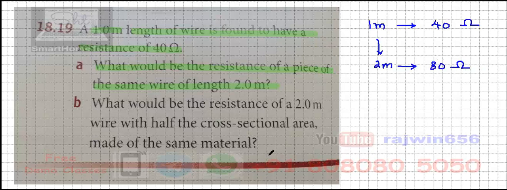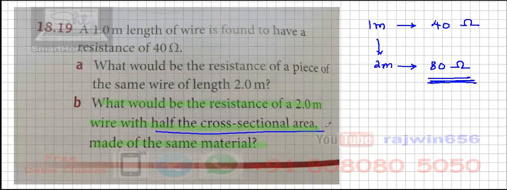Now the second part of the question, what would be the resistance of a 2 meter wire with half the cross section area made of the same material? Okay, now 2 meter wire is having resistance of how much? It's having resistance of 80 ohms. Now you are making half the cross sectional area.